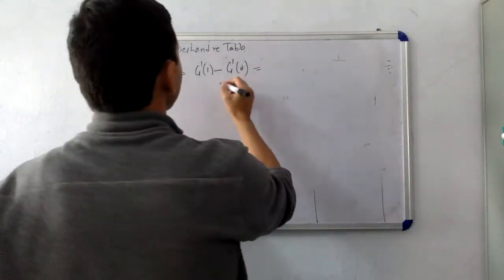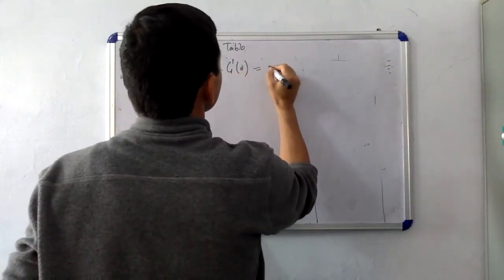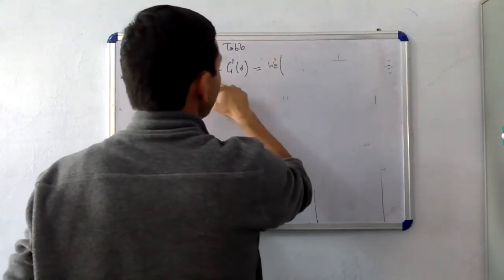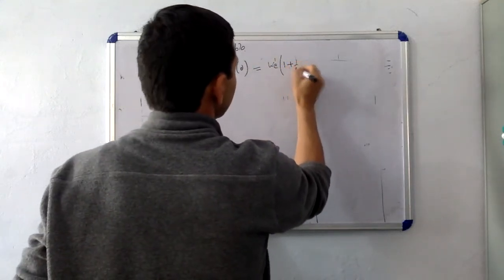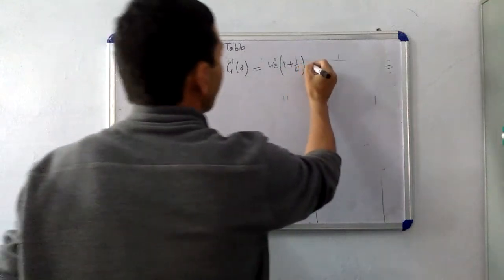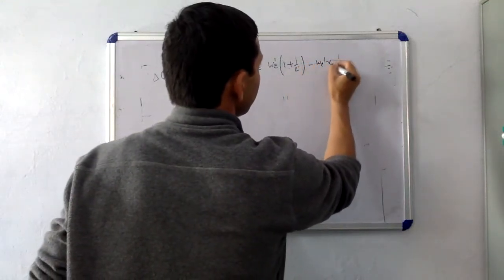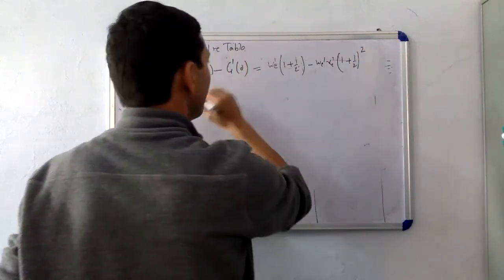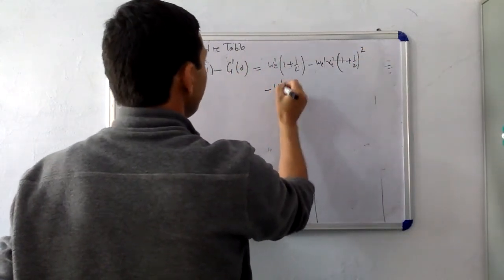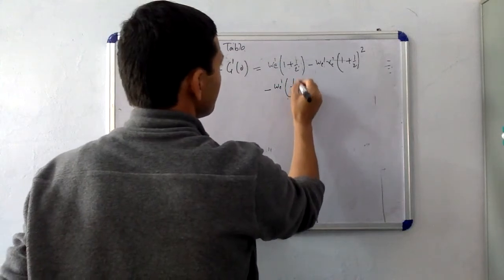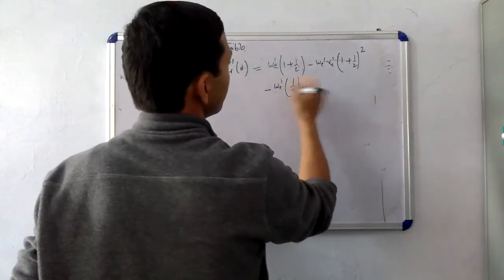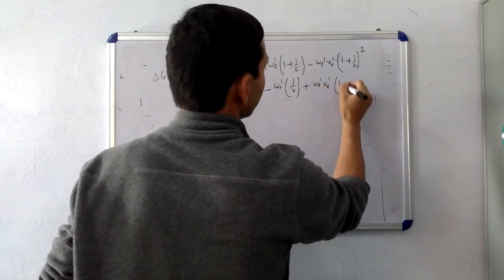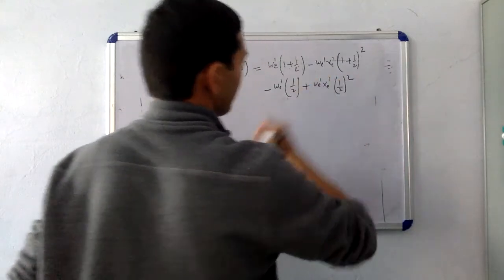So simply this G(v) means omega e prime (1 + 1/2) minus omega e prime x e prime (1 + 1/2) squared, minus omega e prime (0 + 1/2) plus omega e prime x e prime (0 + 1/2) squared.